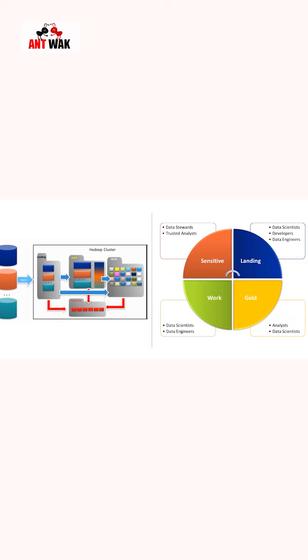Whether because of regulatory compliance or the business, usually only data stewards or trusted analysts are given access to this. For example, HR personnel have access to employee data, or finance employees have access to the financial data, and similar kinds of data are available.